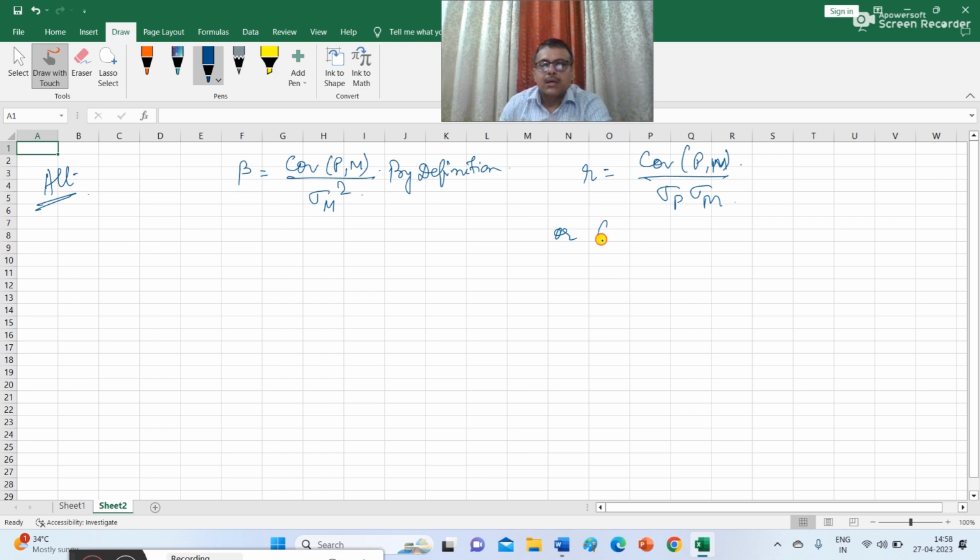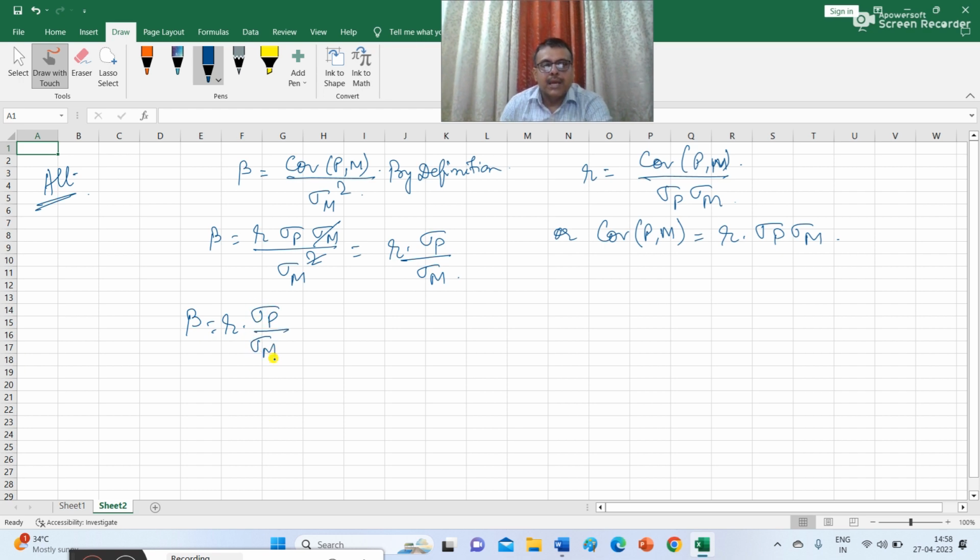So you can write cov of Pm as R sigma p sigma m. So instead of writing cov of Pm, you write here R into sigma p into sigma m divided by sigma m square. So this will be equal to R sigma p by sigma m. So beta is equal to R multiplied with sigma p by sigma m.